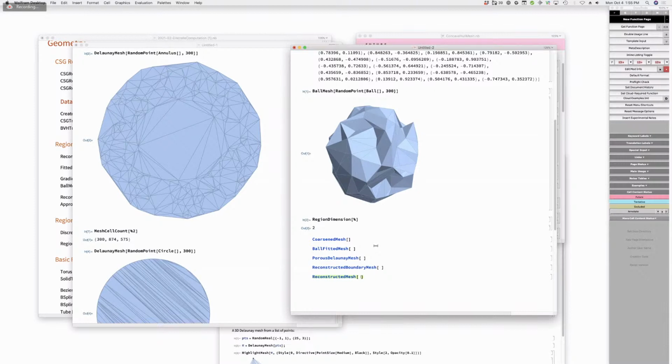Okay, first of all, does it make sense in the future to have a reconstructed mesh and a reconstructed boundary mesh? I think that if you look at that page, we have a more general proposal than that. The page called reconstruction mesh, is that correct? Yes.